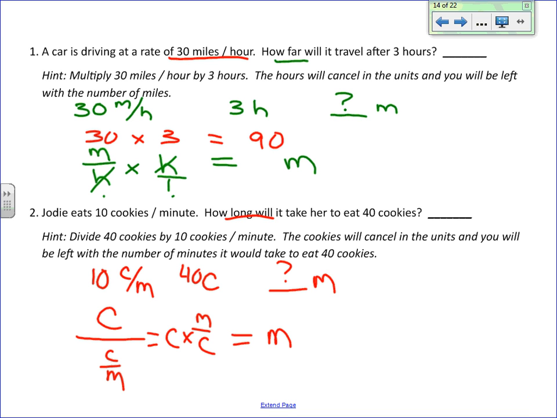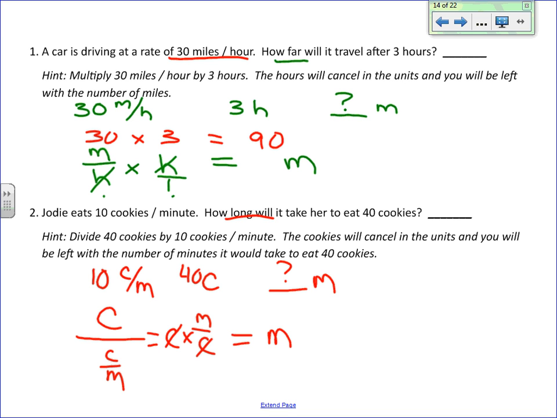Just remember, when you divide, you're multiplying by the reciprocal. Will that get us our answer? Sure will, because the c's will cancel, and we're left with m's. All right, that's the algebra way to think about this.